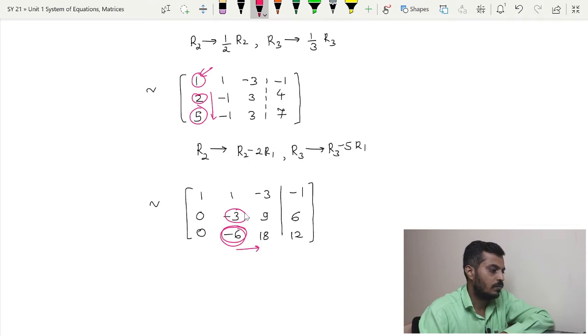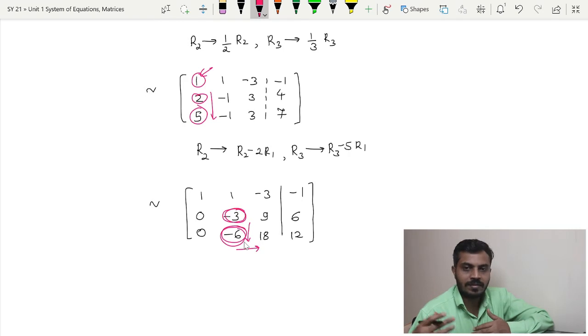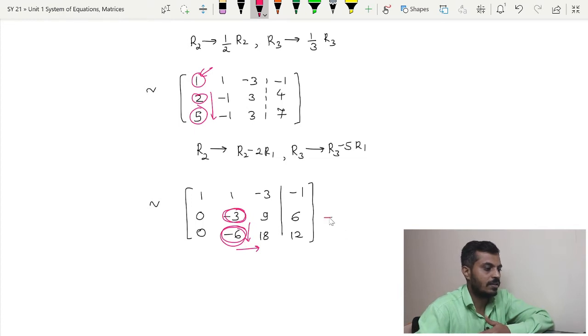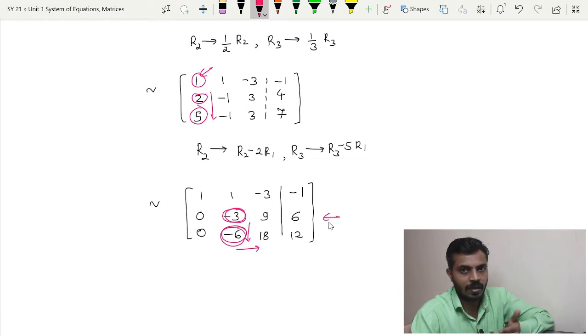So we have to make use of this minus 3 in order to make the entry minus 6 to be 0. But as I told you, first of all we will try to make that minus 3 as 1, and you will notice that each entry in that second row is divisible by 3. So if you divide by minus 3, it will work, we will not get fractions, and we will get 1 also.